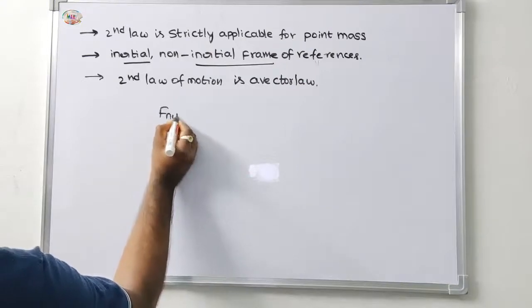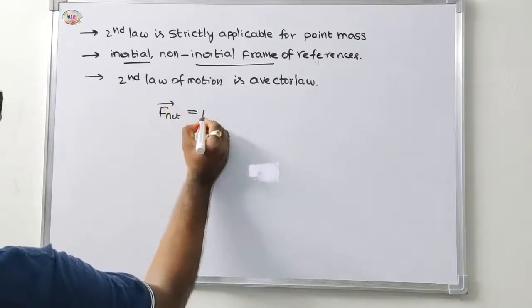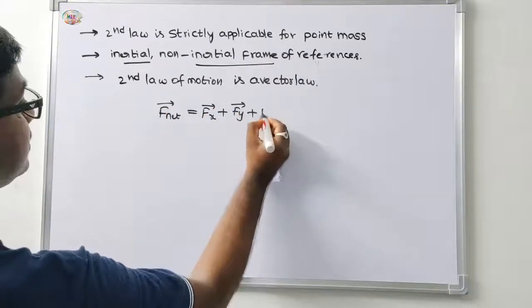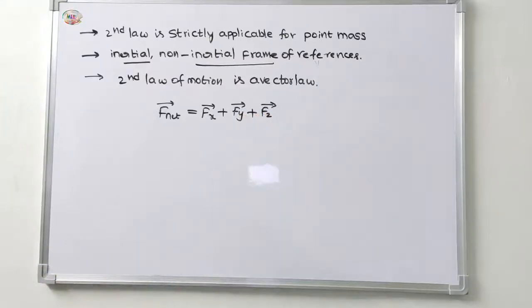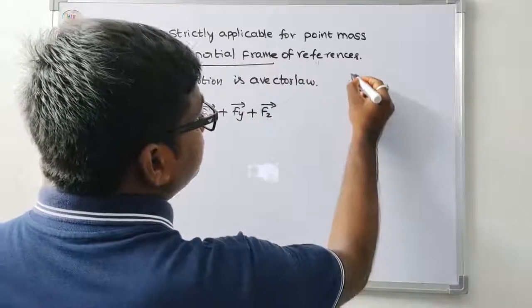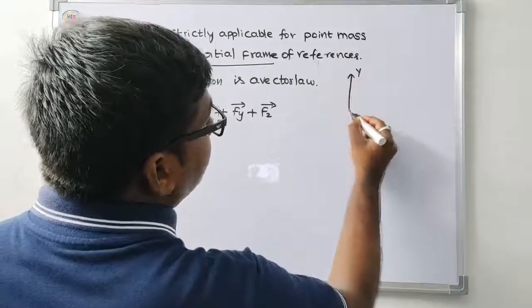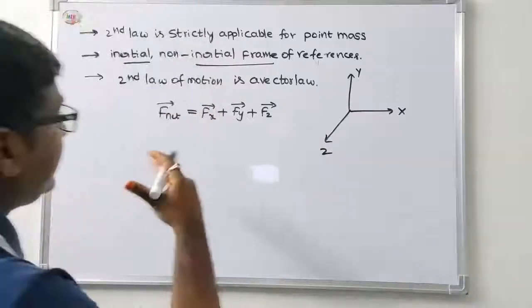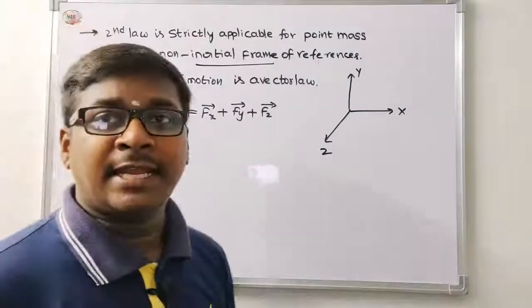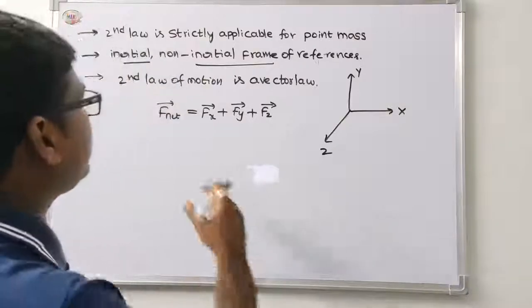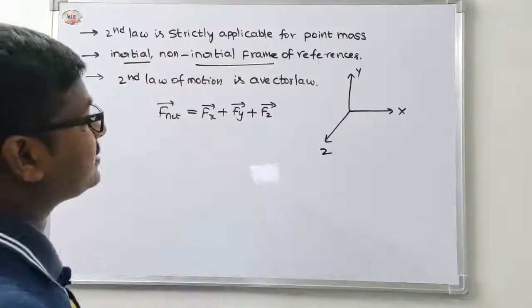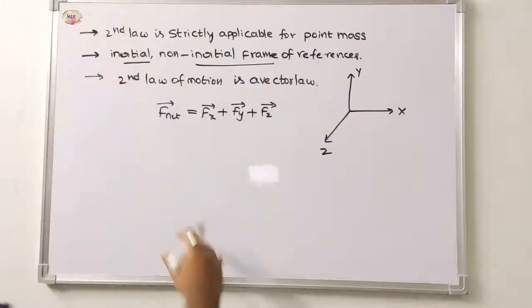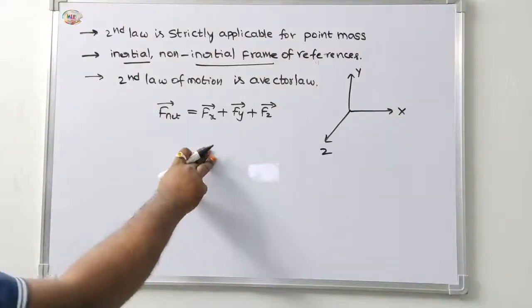The net force is equal to Fx plus Fy plus Fz, three coordinates: x-axis, y-axis and z-axis. These three are mutually perpendicular to each other.